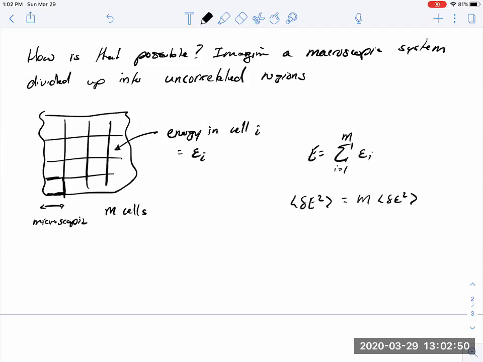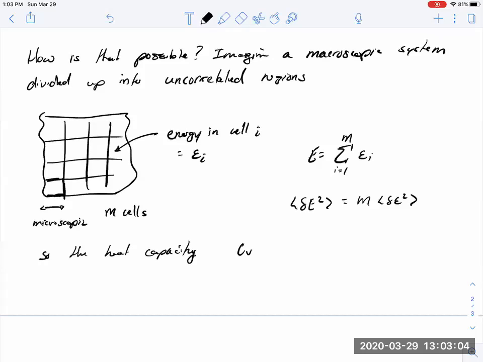That tells us immediately what the heat capacity is, because we know the relationship between the heat capacity and the fluctuations in the energy. The heat capacity, say divided by the number of particles, is equal to a factor of kBT squared times the mean squared energy fluctuations, which is equal to the number of cells times the fluctuations in one of those cells.